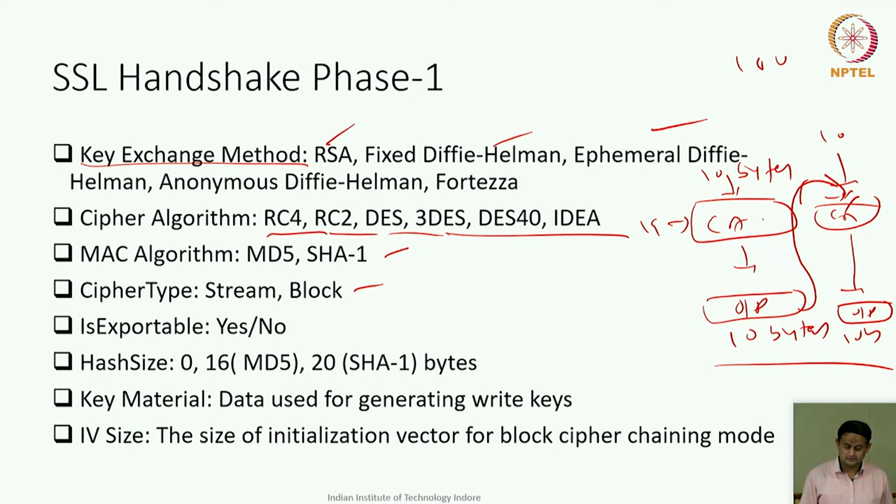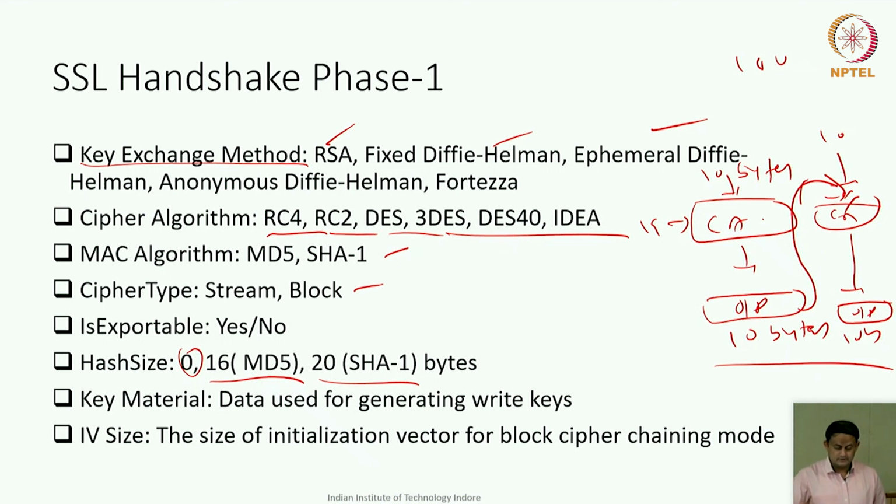And then you have the different hash sizes. The hash size at the minimum can be 0, but in most cases it is not 0. If you use MD5, 16 bytes of hash or MAC is generated. If you use SHA-1, then 20 bytes of hash is generated.